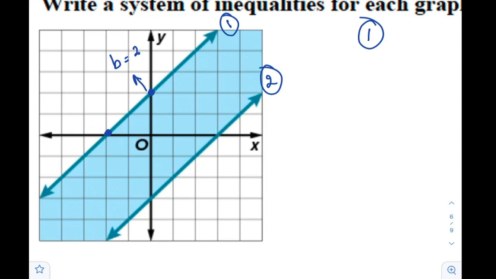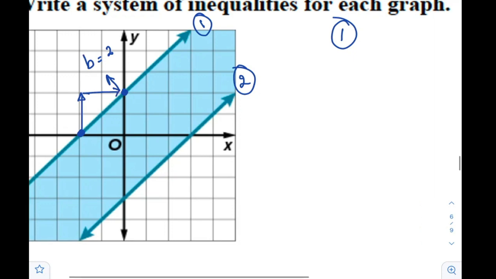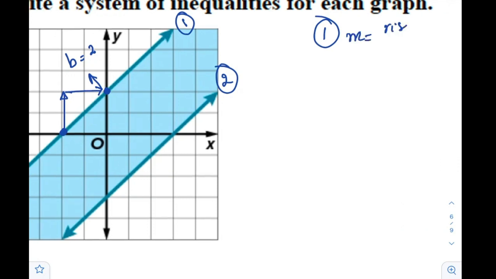You can choose 2 points and imagine that you are going up 2 units, and right 2 units. So our slope here is rise over run, which is 2 over 2, which is 1. And our y-intercept, which is B, is 2.